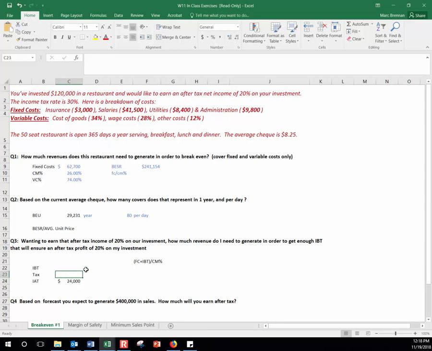Okay. My taxes, if you remember at the top there, where is it? It's 30%. So if I want to find out my income before tax, we would go 24,000 divided by, open brackets, 1 minus 0.3. And that's something we would have learned in our bottom-up approach.